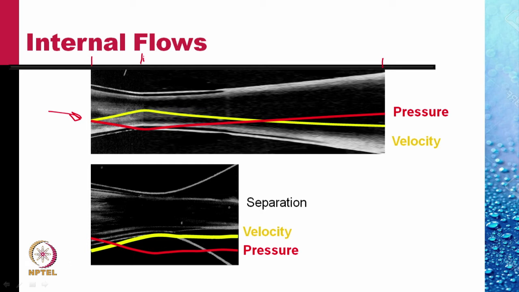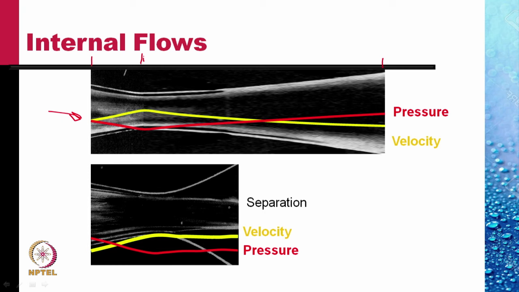Let's assume the fluid is water, an incompressible fluid. As the flow enters from the left, the velocity of the flow must increase, because if we are passing the same flow, as the cross-sectional area decreases up to the throat, the velocity must increase.